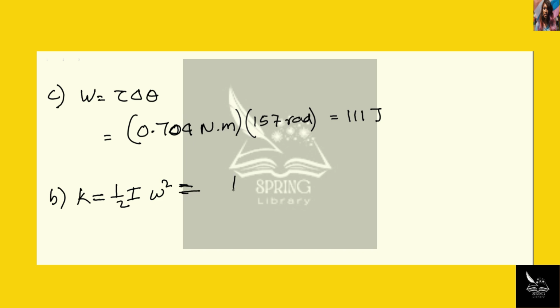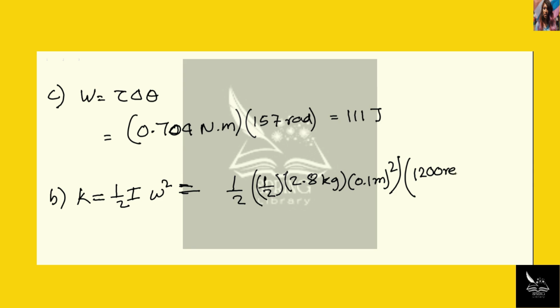So I is half of 2.8 kg, then for radius it's 0.1 meter, then we put a square, multiplied by 1200 rev per minute, and we do the same thing.